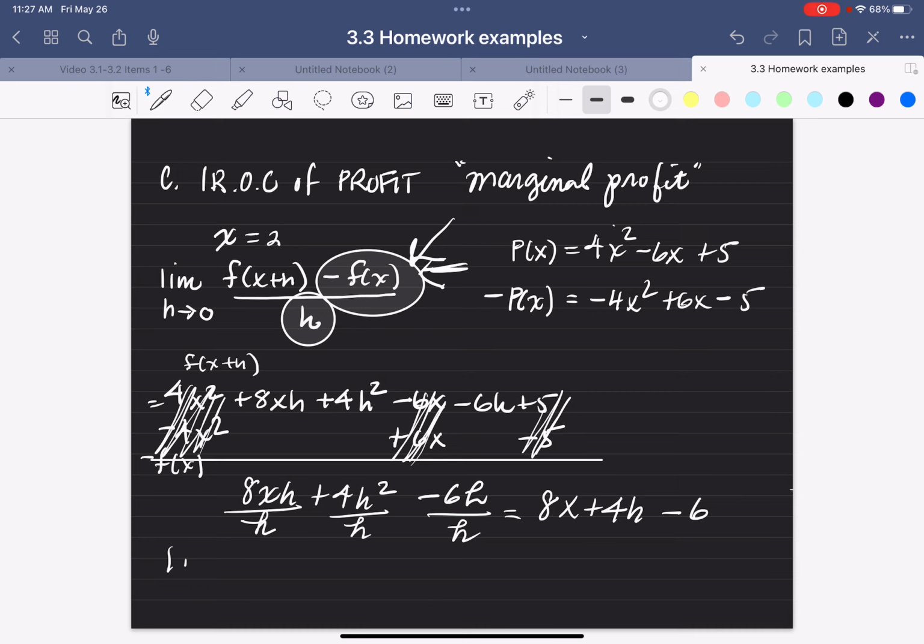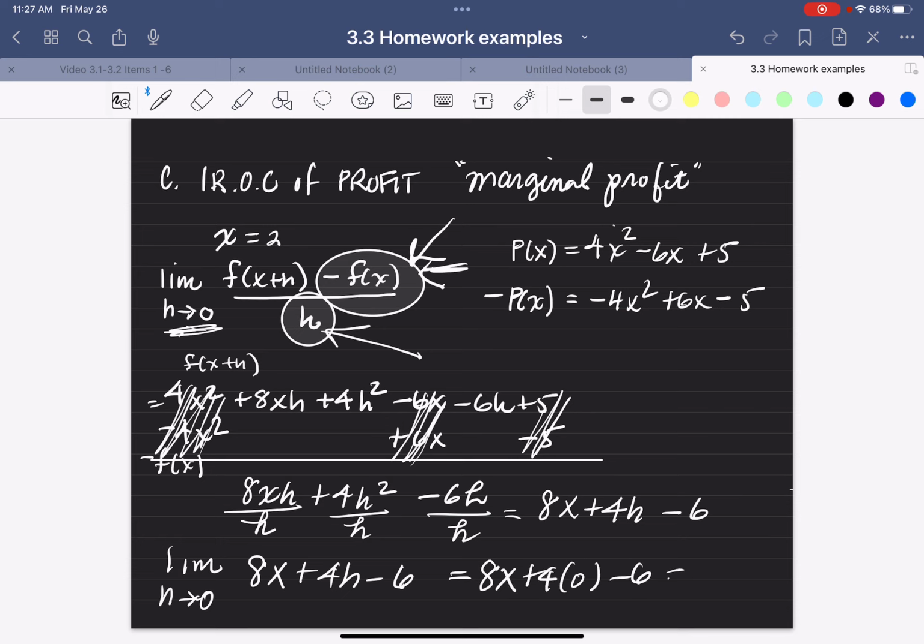Then I have to take the limit as h goes to 0. And now look, up here I had a 0 denominator. I can't put in 0. But now I just have this expression, 8x plus 4h minus 6. I can put h is 0 in that. 8x, 4 times 0, minus 6 is 8x minus 6.